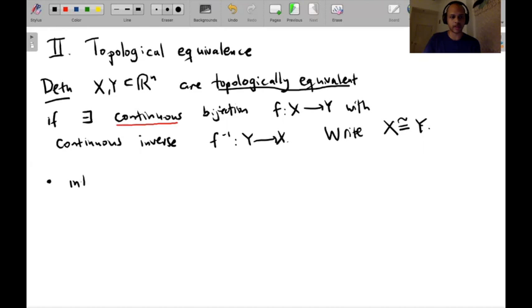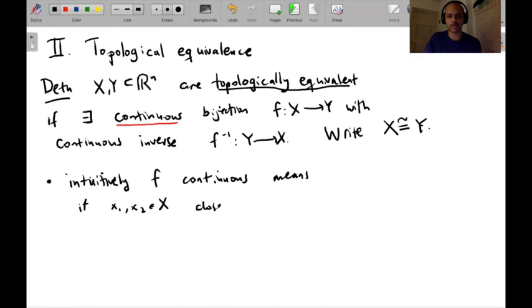So intuitively, f continuous means that if x1 and x2 in the domain are close, then f of x1 and f of x2 in the codomain are close.